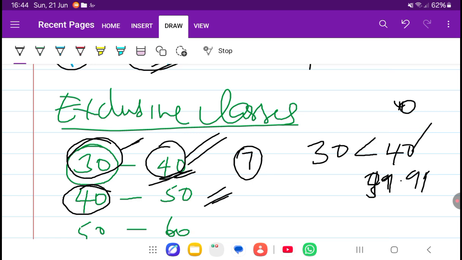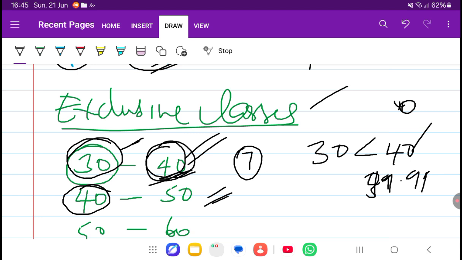So it depends on what you are defining. When I'm defining an upper class limit of an exclusive class, you will see that this 40 is not belonging to this class, so the upper class limit belongs to the next class.